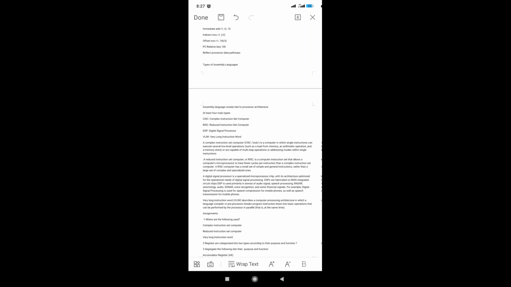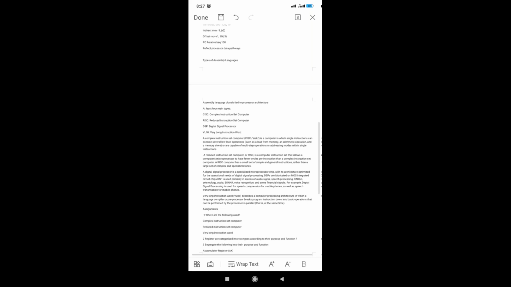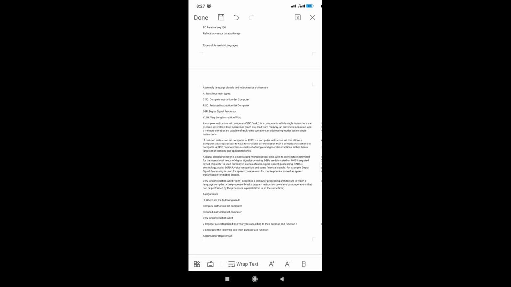Take note of when we were defining assembly languages. We said that assembly languages are used in microprocessors and processors, and your systems are made up of microprocessors and processors. Please, we should take note of that.